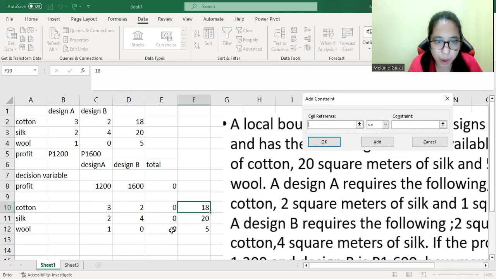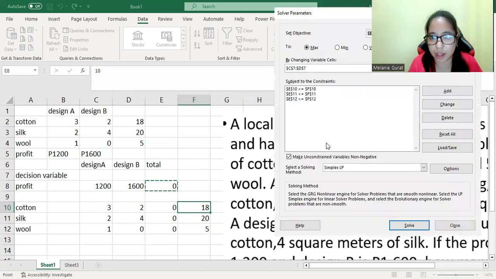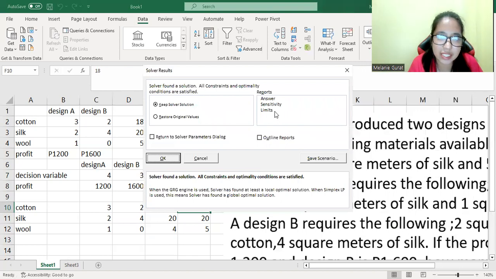Add the last one, the formula to compute the amount of wool used, less than or equal to the available material, 5, and click OK. So what we need to do is click Solve, and we can find here Sensitivity. So this is the sensitivity. Click that and click OK.